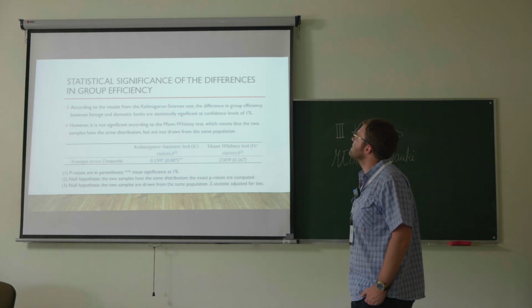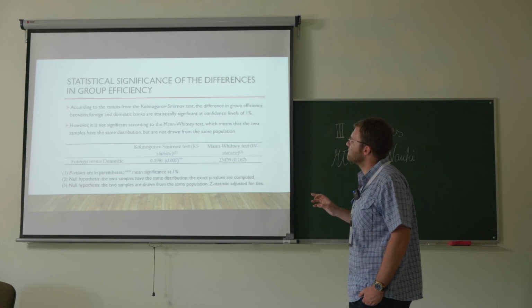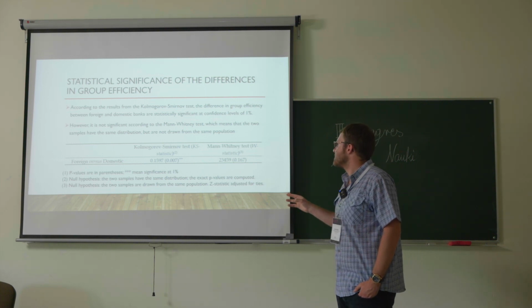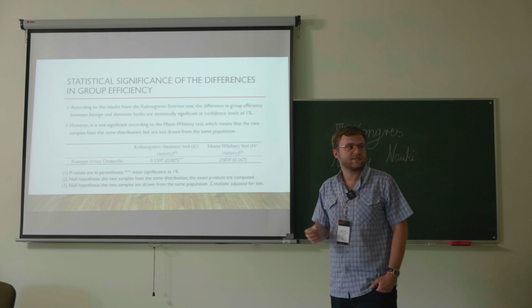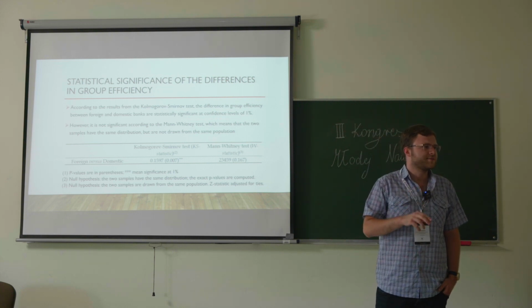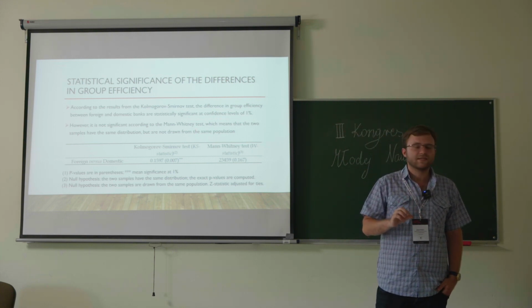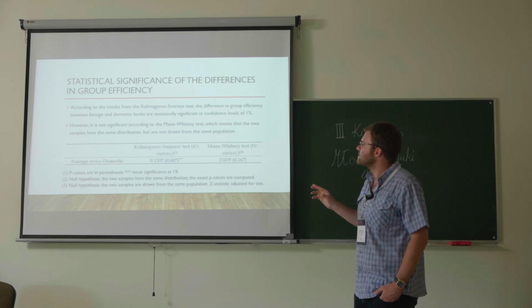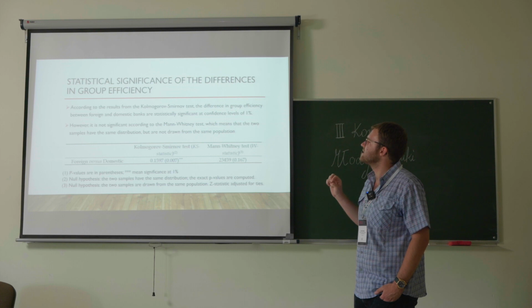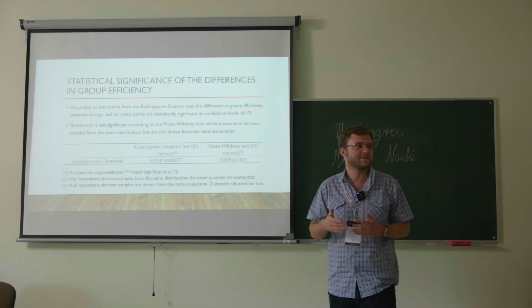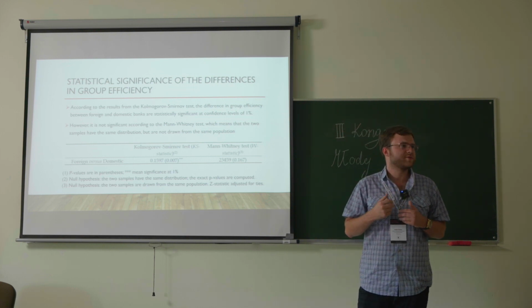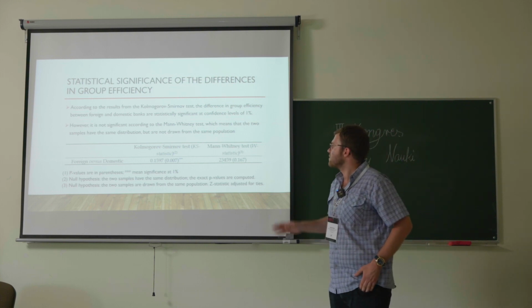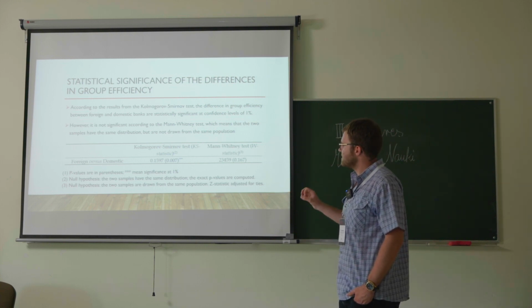Yes, about the statistical significance of the difference in group efficiency. Kolmogorov-Smirnov test and Mann-Whitney test. This is a non-parametric test, it is important to conclude which category, foreign or domestic banks, performed the best. And the Kolmogorov-Smirnov test is more sensitive.